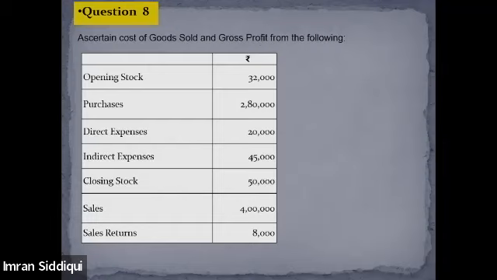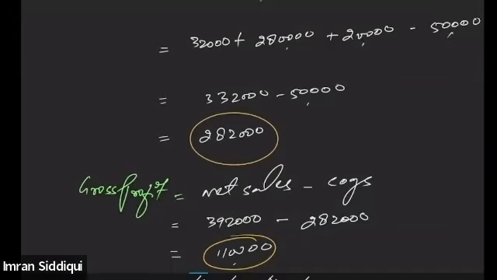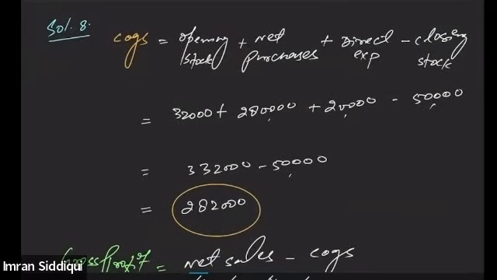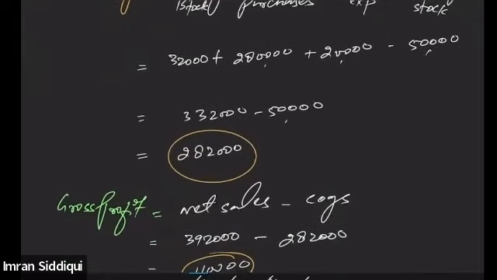So 2,82,000. 282, right? And gross profit is 1,10,000. So this is how we will calculate cost of goods sold: opening plus net purchase plus direct expense minus closing stock. Opening stock is 32,000.